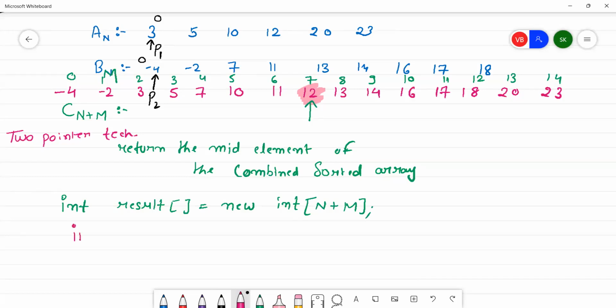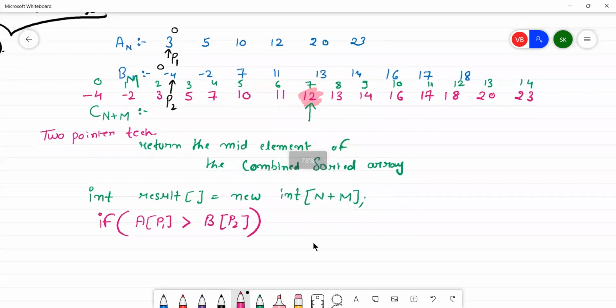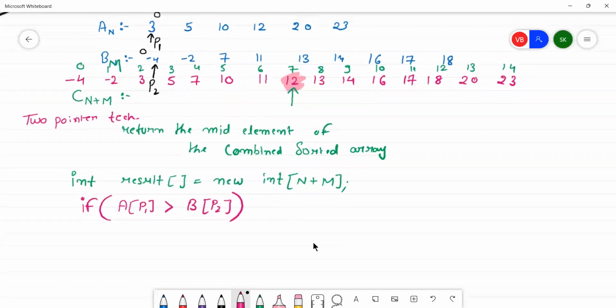So I will write here a condition: if A array of P1 is greater than B array of P2, that means the number in your B array is smaller and you need to attach it to your result array, correct?